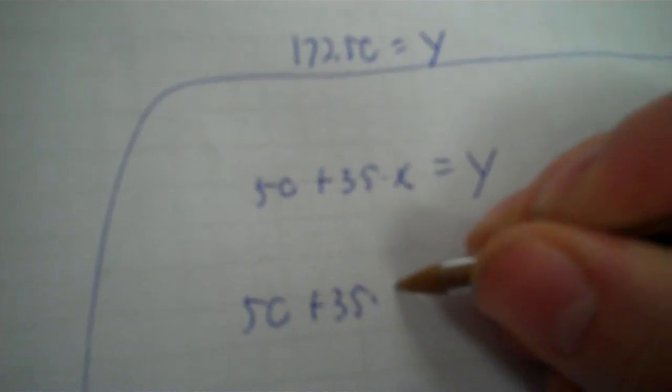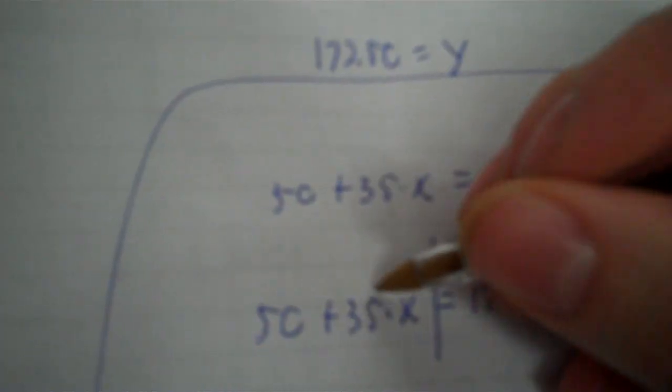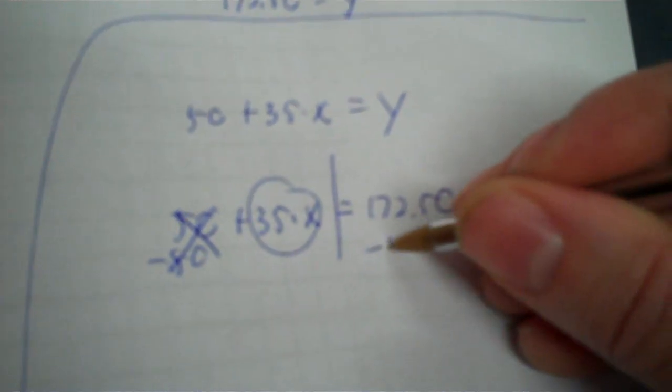Okay, so you have 50 to start with, then you add your slope, 35 times x, and then you just write the equation. 50 plus 35 times x equals y. Then $172.50 goes in for the y. Okay, now you get x by itself, so you have to subtract a 50.